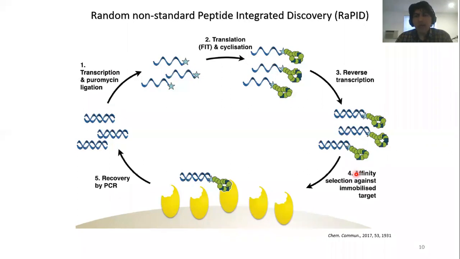Now you do an affinity test. You expose all of this library to immobilized proteins or immobilized target molecules, and they bind to these molecules. Then you wash off the peptides which did not bind, since you don't need them. Then you use the recovery process using PCR, where you cleave this puromycin tag and use the cDNA library again to do the same thing.